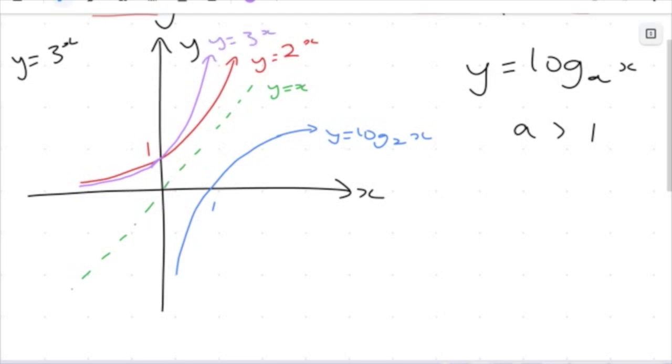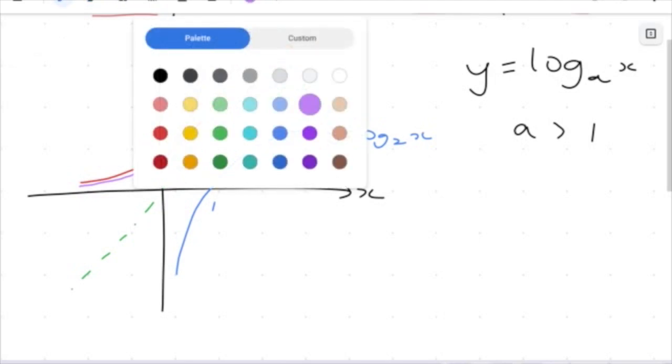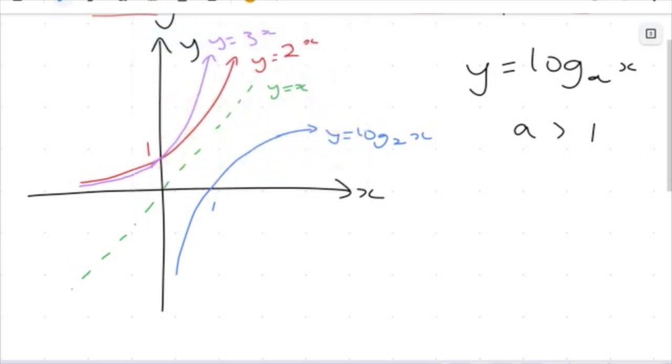And as our base number here got bigger and bigger, our graph would get steeper and steeper. So say we drew another one in, for example, y equals 4 to the power of x. Our graph would get quite steep.